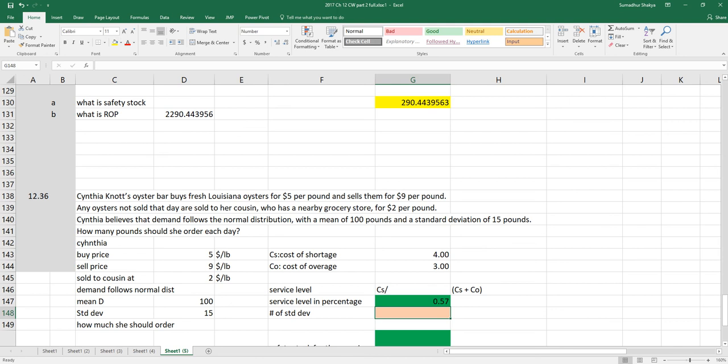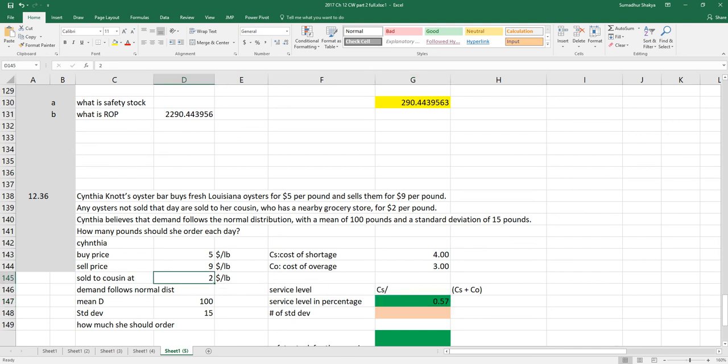Now, given these prices, if Cynthia is okay with a customer service level of 57%, which means 43% of the time when the customer walks in, she is out of stock. Also, at some other times, she might have too much and she may need to sell it to the cousin.